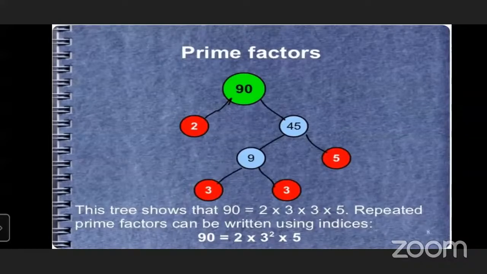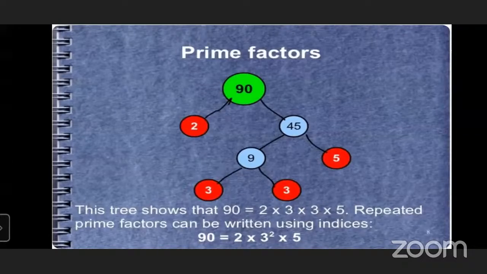Now 45 will be split into two parts. That is 9 and 5. 5 is a prime number, so keep it aside and take 9. 9 is again divided into two parts, 3 multiplied by 3.